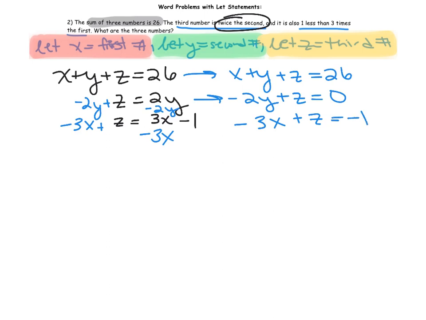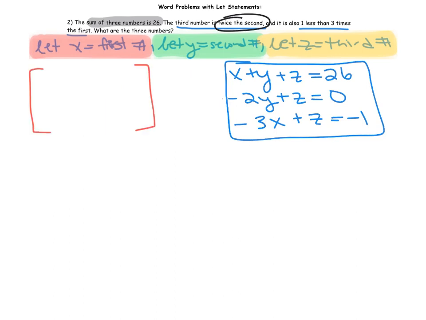And now here there's no y term. Okay, so let's create our augmented matrix. And again, I'm just going to clean this up just to provide us with plenty of space. All right? Okay, so I have 1, 1, 1 with 26 on the right-hand side. There's no x term, so that gets a 0. I have negative 2, z, which is 1. There's only one z. And then 0 is the constant. I have negative 3 in front of x.